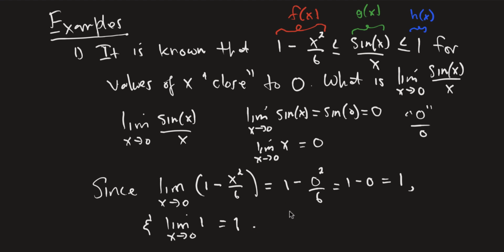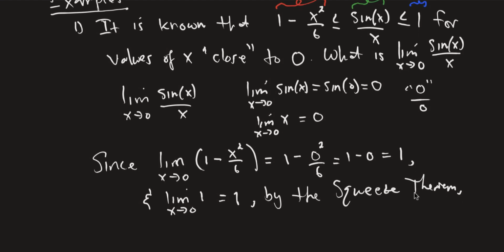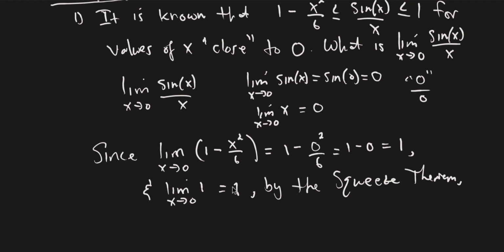So by the Squeeze theorem, the function in the middle also has to approach 1. So the limit as x approaches 0 of sine of x over x is equal to 1, right?